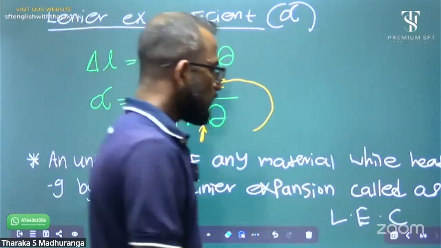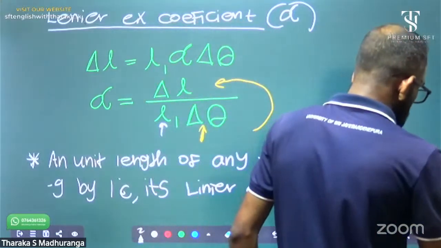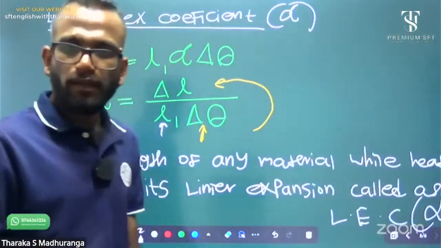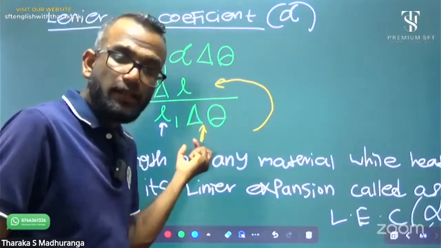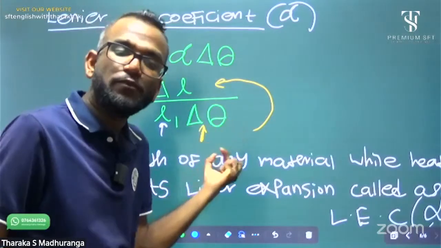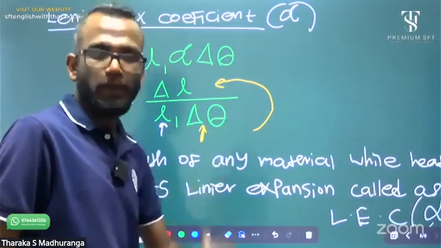Okay, this is alpha. Very simple. Any material of unit length, while increasing the temperature by 1 degree, its linear expansion.